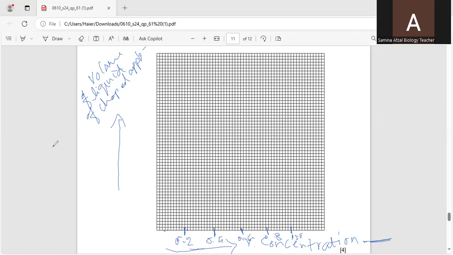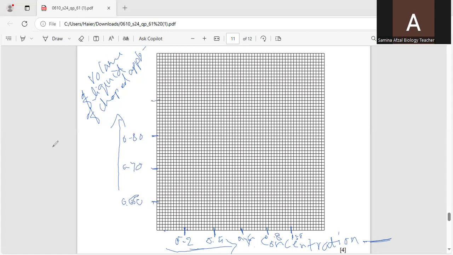On the other side, the value starts from 0.69. So we will take this value from 0.60 and then 0.70, 0.80. We will take it equal to 10 small squares.